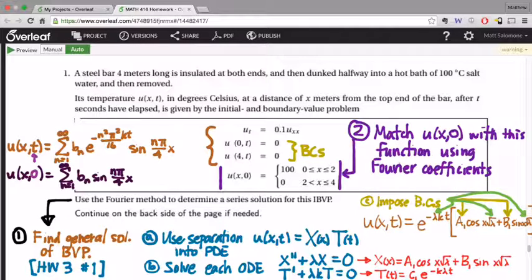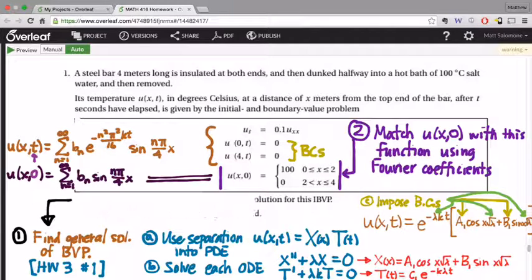But then that is supposed to equal the piecewise function that we've been given here. And the way that we have to make that equality happen is to set the b sub n's equal to the Fourier coefficients of that function.